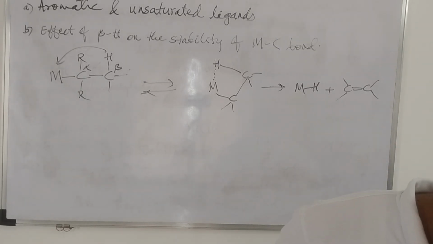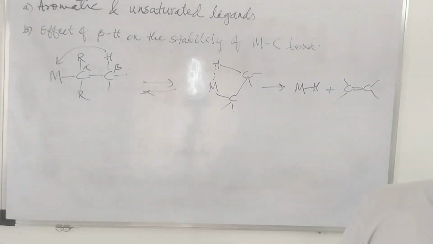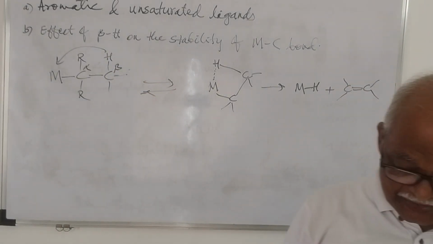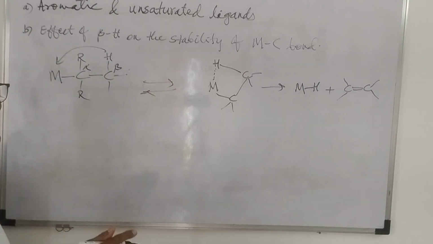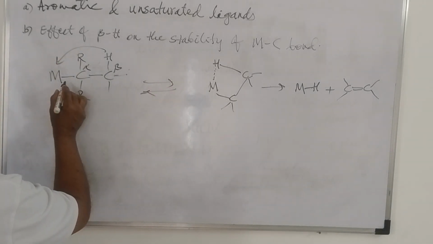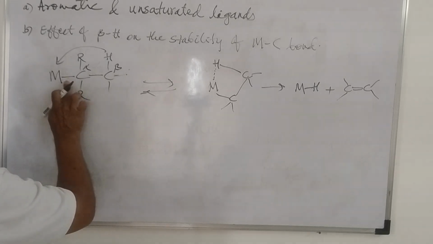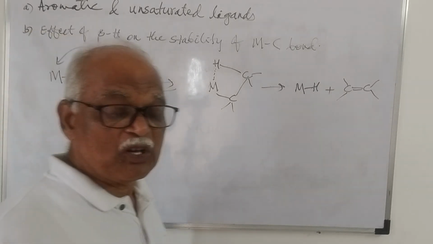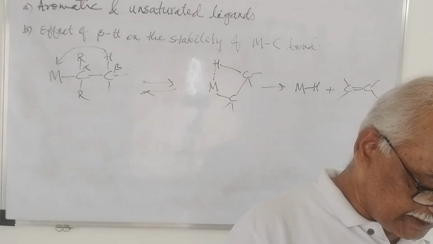So distinctly, the presence of this beta hydrogen on the beta carbon increases the stability of this compound, that is, the metal carbon bond, distinctly. So it gives stability to the compound.